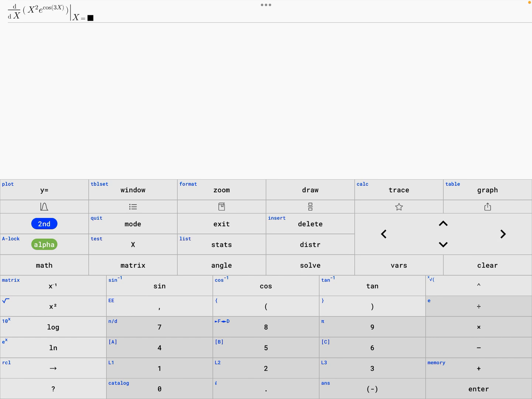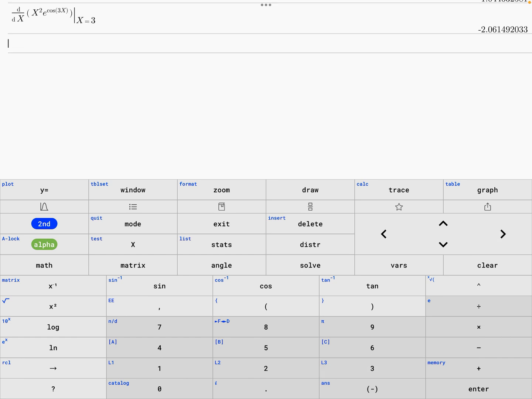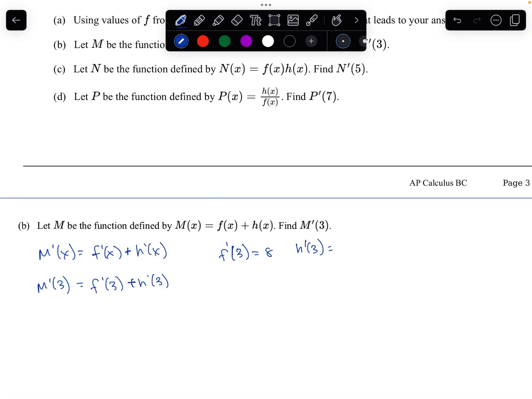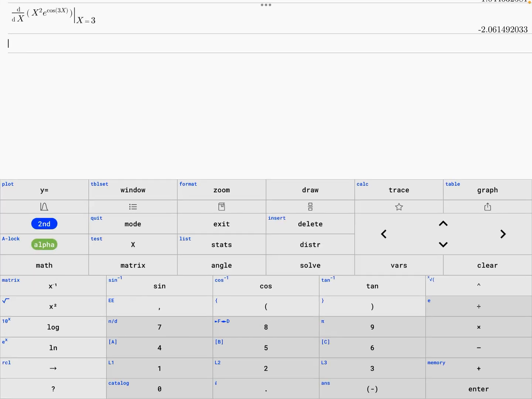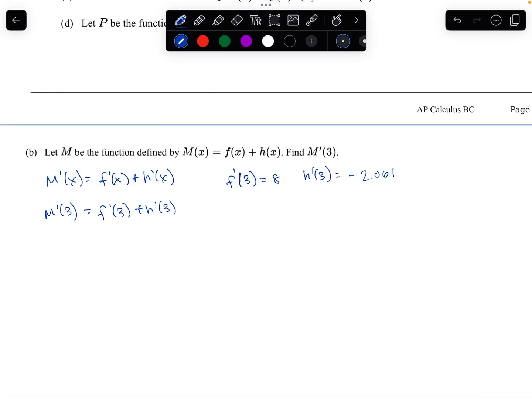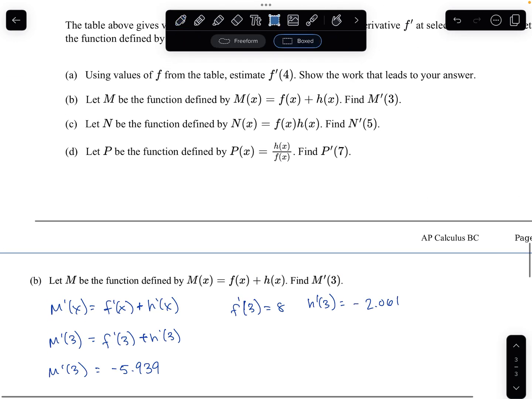So that's our function, and we're taking the derivative at 3, click enter, and h prime of 3 is going to be equal to negative 2.061. So h prime of 3 is negative 2.061, and I'm going to add that with 8, and we get that this whole thing is 5.939. So m prime of 3 is going to be equal to 5.939. Okay.